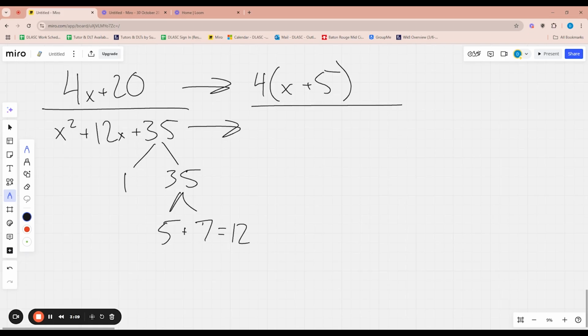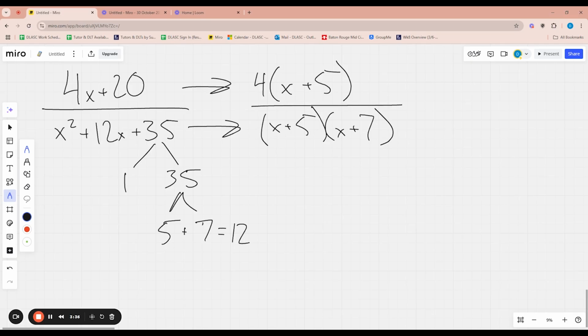So that means that our denominator, that quadratic, we can break down into x plus 5 and x plus 7, right?